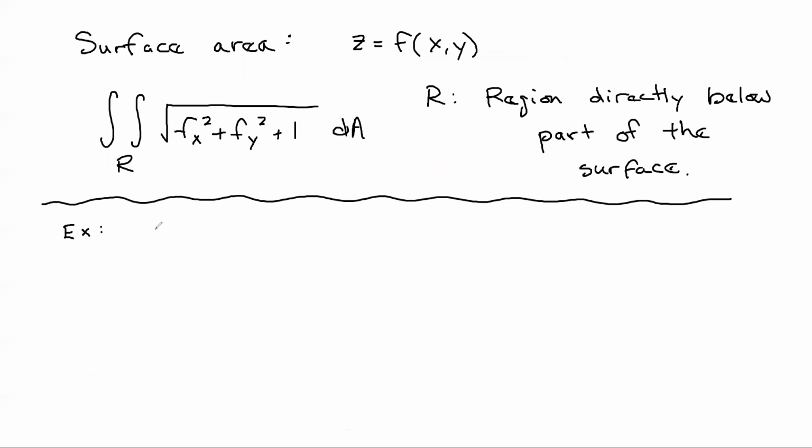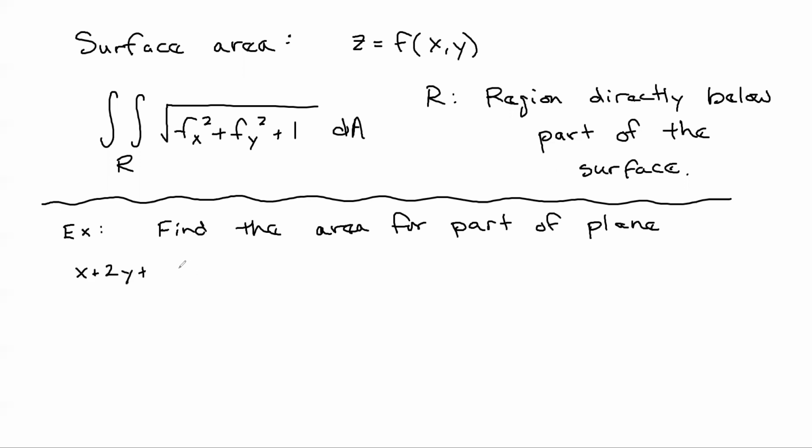Let's say we want to find the area for the part of the plane x plus 2y plus 6z equals 6 that is in the first octant.